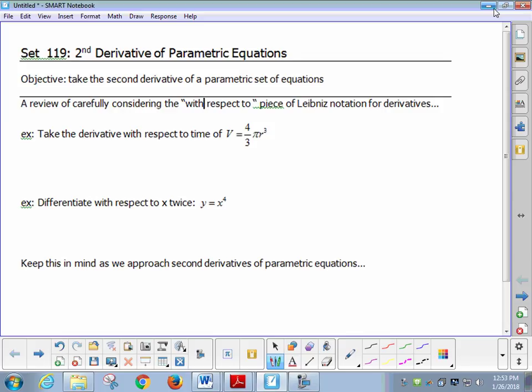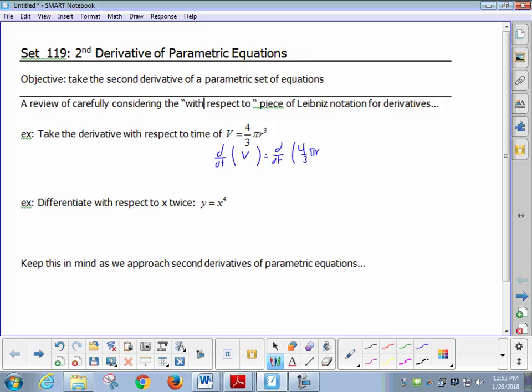In order to get to the second derivative parametrically, I have to review a little bit or refresh your memory on notation. When you take the derivative with respect to time, you communicate that by virtue of the denominator of the Leibniz notation, right? Okay.